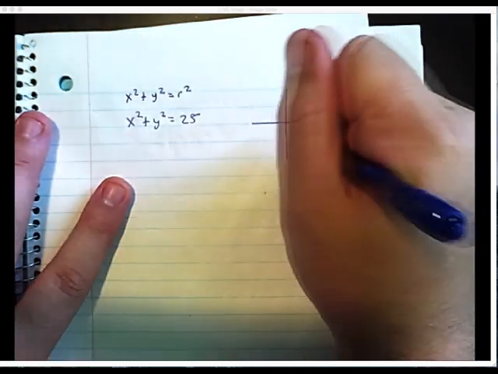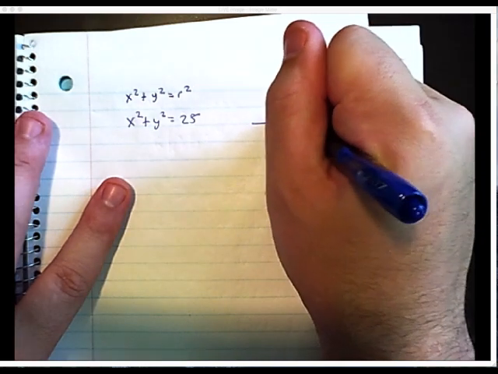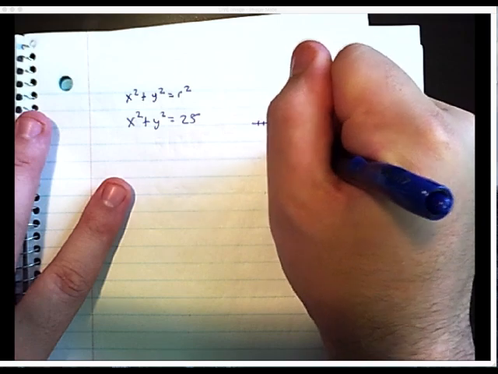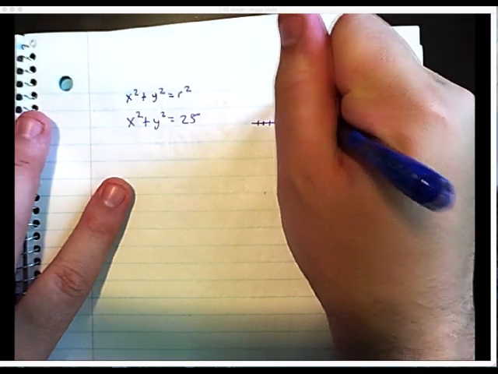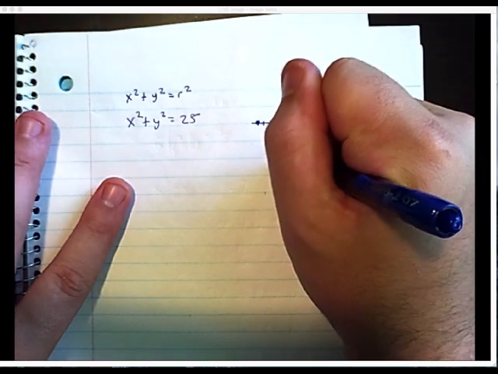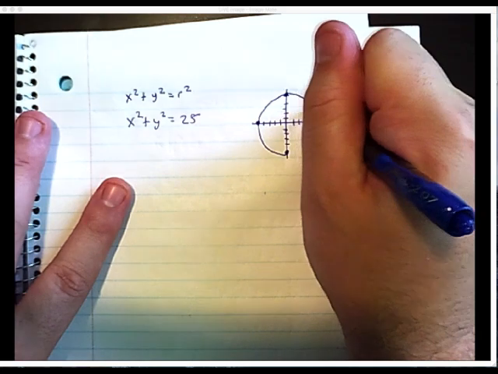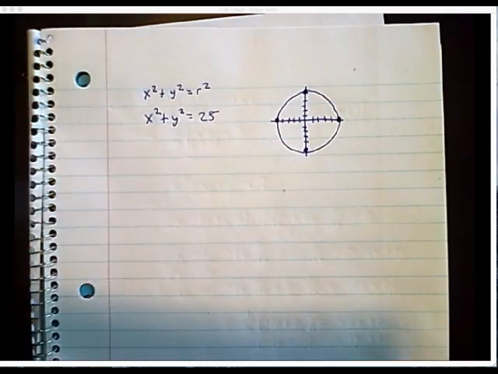This is a circle centered at the origin with a radius of 5. Well, it's not a function, it's a relation.